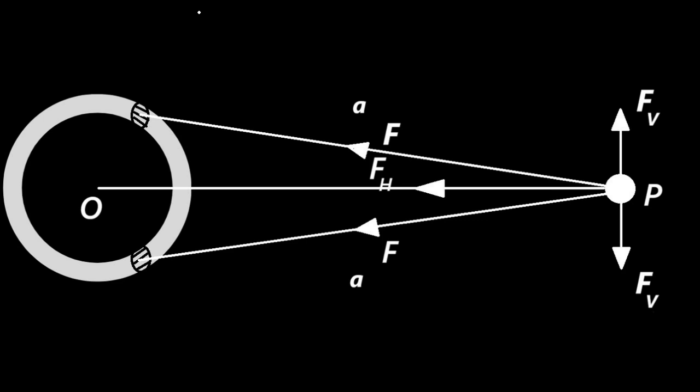Each of these portions will exert a gravitational force of attraction on this point mass. What we are trying to visualize is that the entire spherical shell is divided into a number of such small portions. Likewise, we can divide it into many portions. Here like this, and the symmetrically opposite point this. Again here this, and the symmetrically opposite point this.